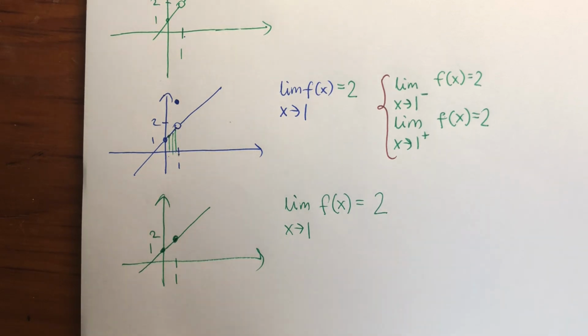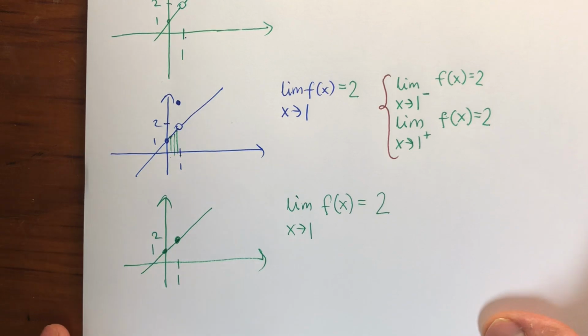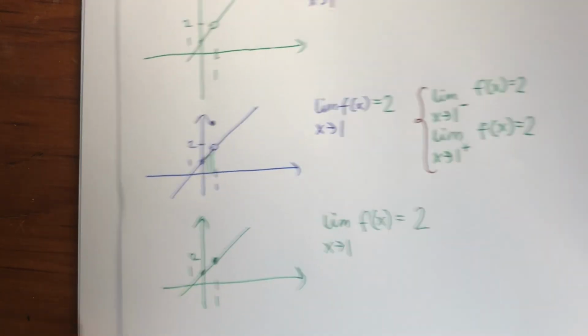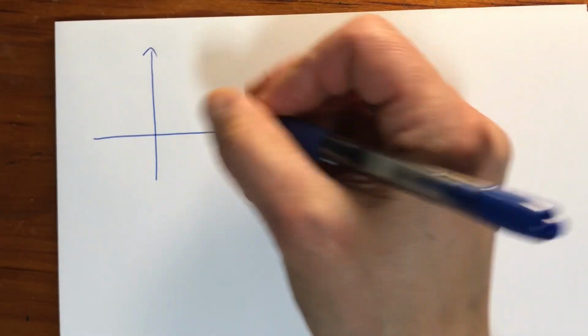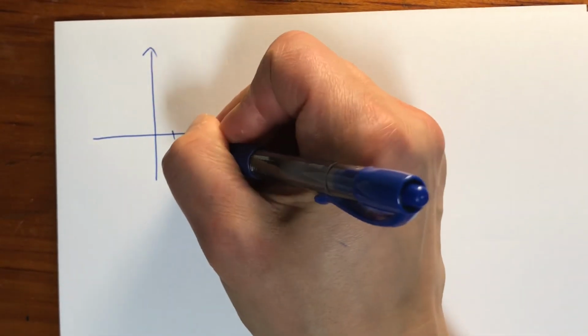So those are the limits at the points, and this is something you will get to practice. But now, will the limit always exist? Let's try one more example. Well, two more examples, and then we'll go from there. So what would happen if I graph something that looks like this? 1, 2.